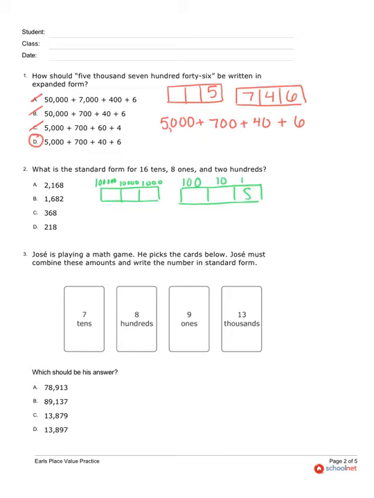So I have 8 ones and 2 hundreds, but I have 16 tens. Well, I can only write 1 digit in the tens place. So I'm going to put the 6 in the tens place and add 1 to the hundreds, because it takes 10 tens to make 100. So in standard form, this number would be 368.